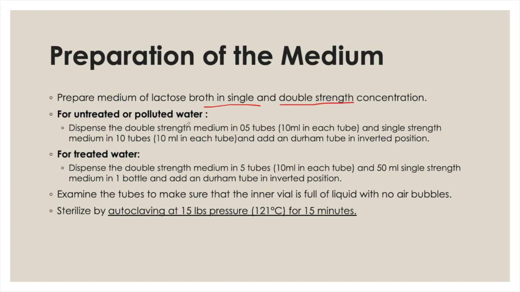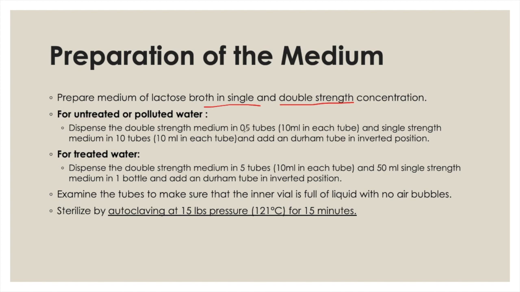For untreated or polluted water and for treated water, we will have media of different strength in different tubes. For untreated or polluted water, the first case, we dispense the double strength medium in 5 tubes, 10 ml in each tube, and single strength medium in 10 tubes, 10 ml in each tube, and add a Durham tube in inverted position.